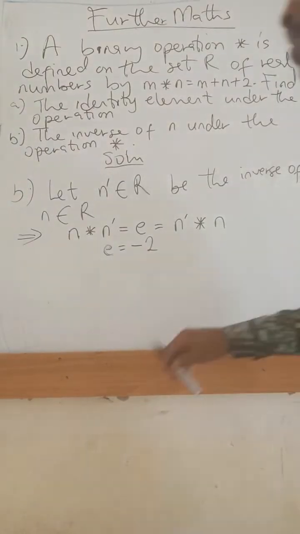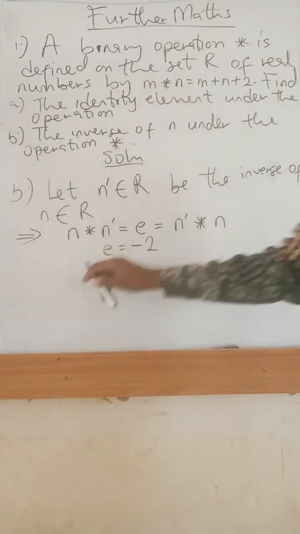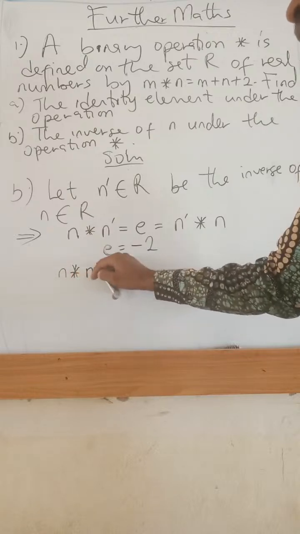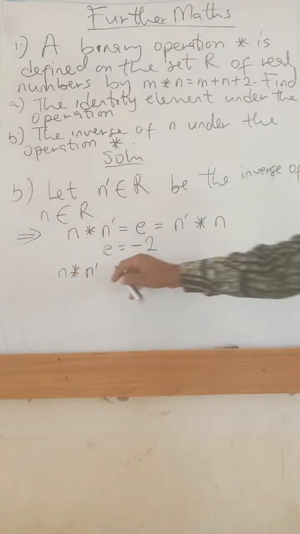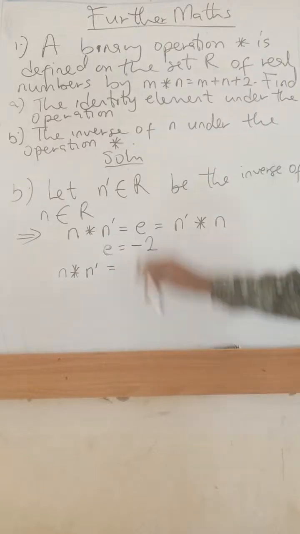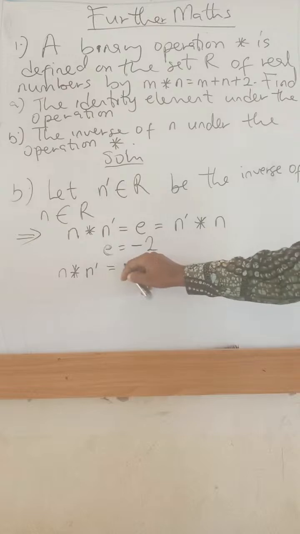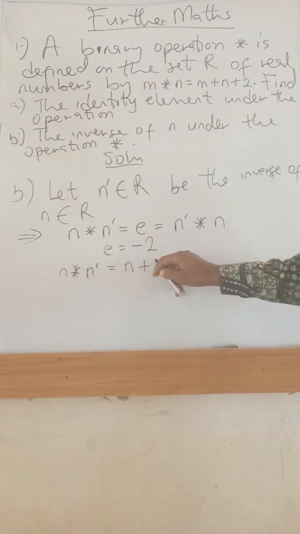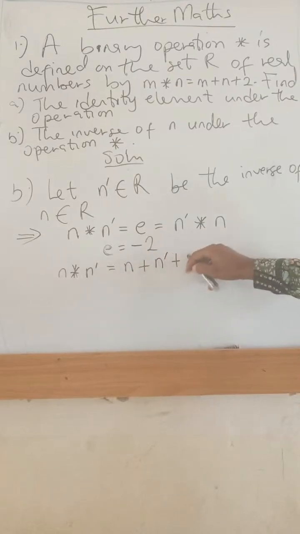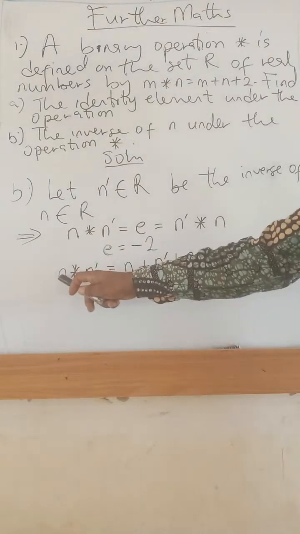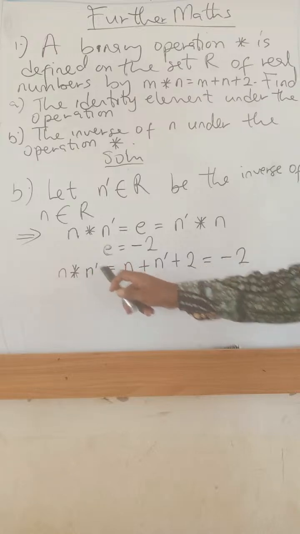So if that's the case, then let's go back to the operation. n star n prime is equal to, with the operation, n takes the first part, so you have n plus n prime plus 2 should be equal to -2. So I simply replaced m with n, and I replaced n with n prime.